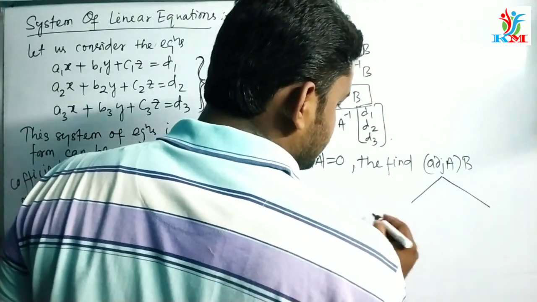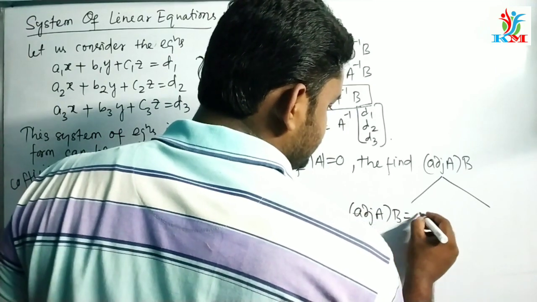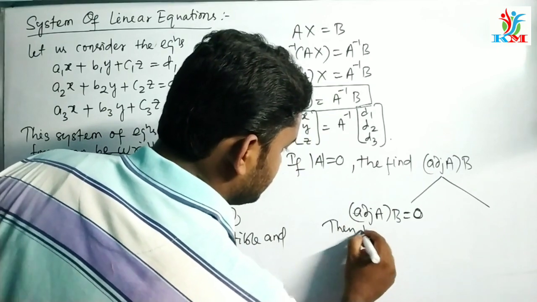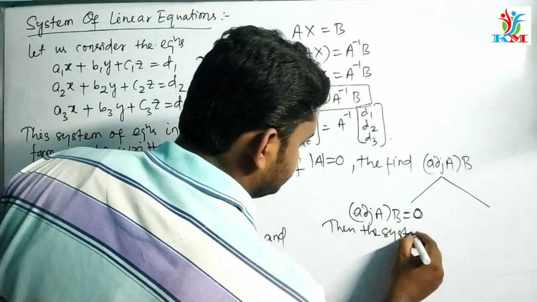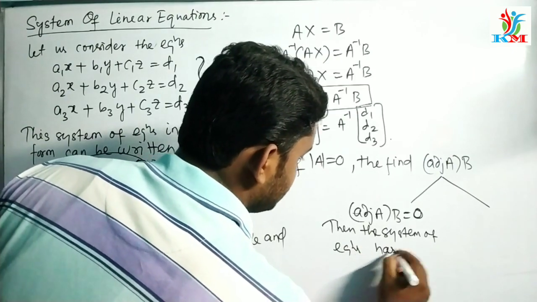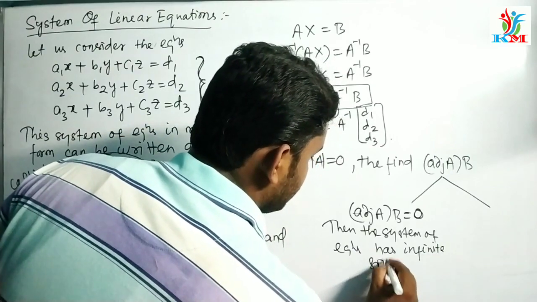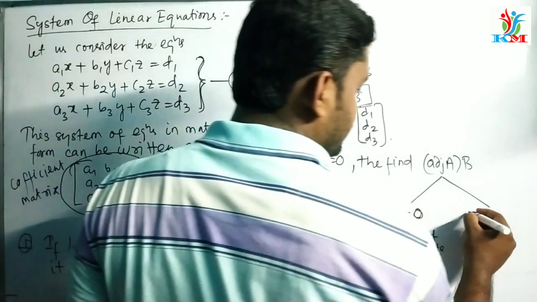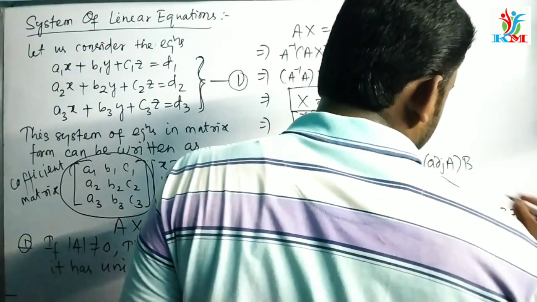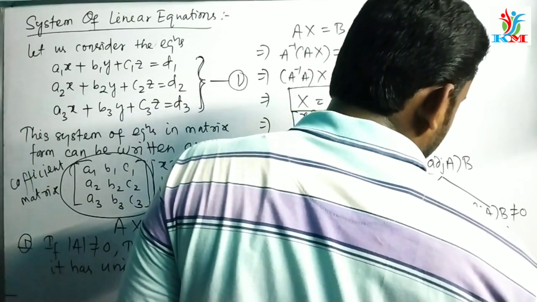If we get adjoint of A into B is a 0 matrix, then the system of equations has infinite solutions. If we get adjoint of A into B a non-zero matrix, then it has no solution.